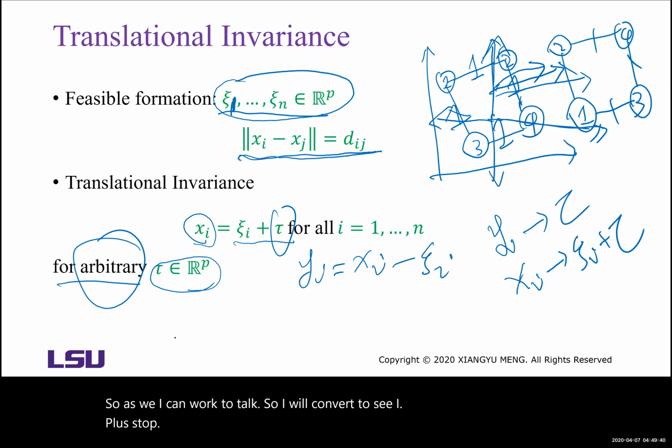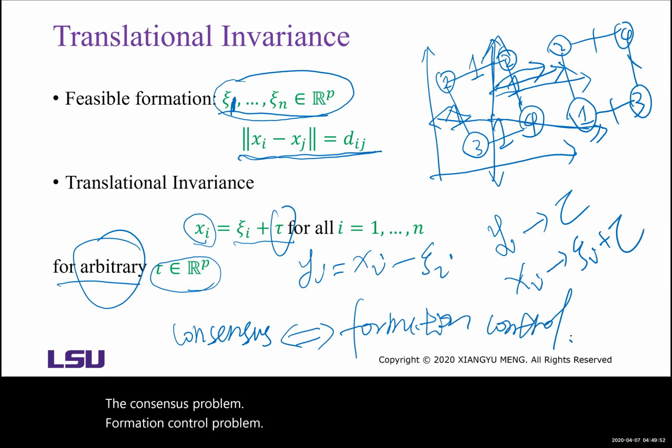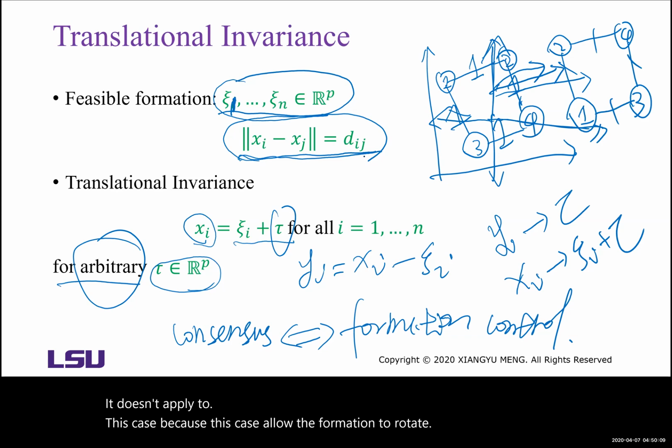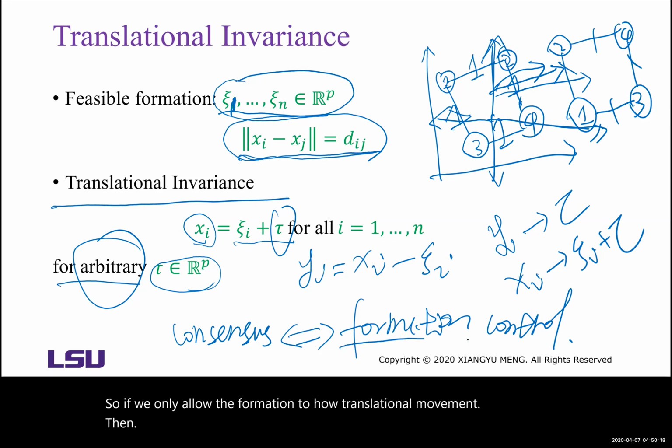So now we make the connection between the consensus problem and the formation control problem. As we say, this is only the case for translational invariance. It doesn't apply to the rotating case, because that case allows the formation to rotate. So if we only allow the formation to have translational movement, then the formation control problem is equivalent to the consensus problem.